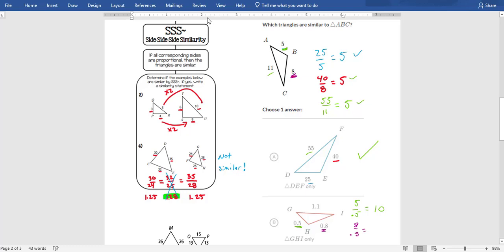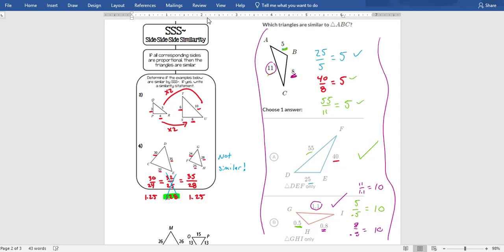And what I get is 10 again. Okay, let's do one more. 1.1 is the biggest, and 11 is the biggest. So 11 divided by 1.1 gives me 10 again. Hey, this one is also similar because they all have the same scale factor. Cool. So I could say all 3 of these triangles are similar.